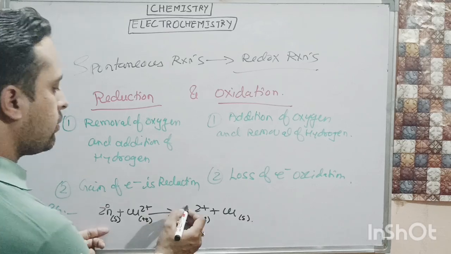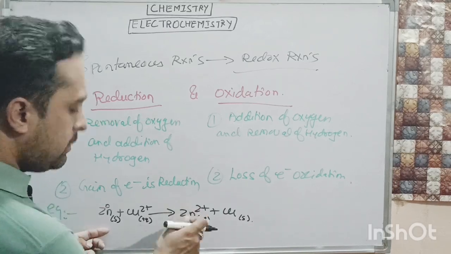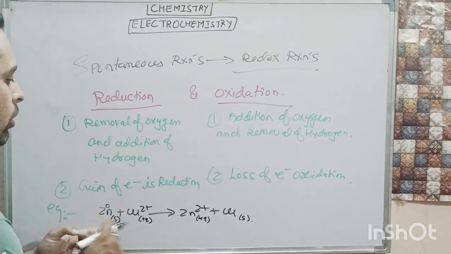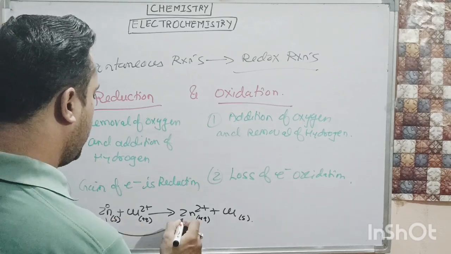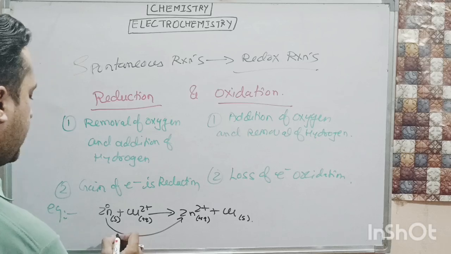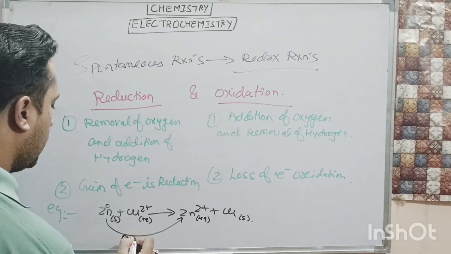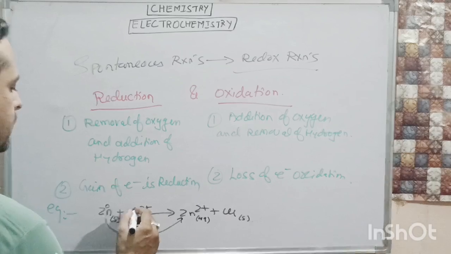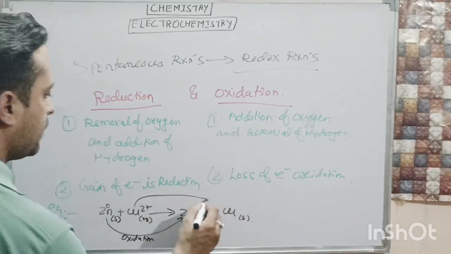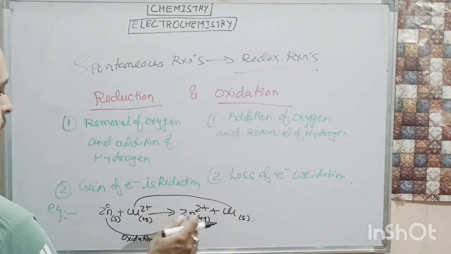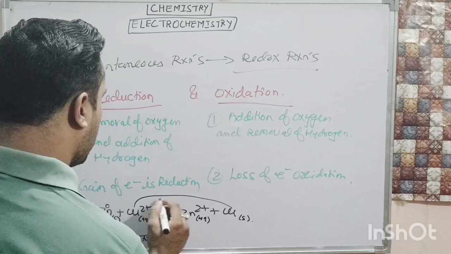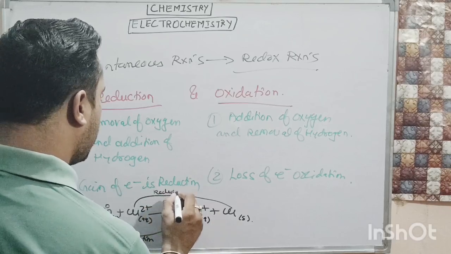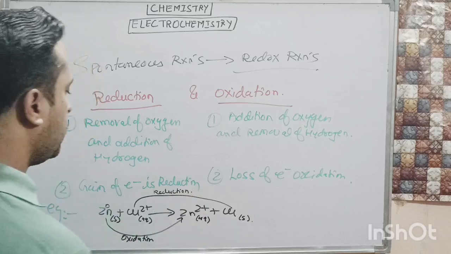It is losing 2 electrons and becoming 2 plus, which means loss of electrons. When electrons are lost, it is oxidation. Similarly, copper 2 plus requires 2 electrons, and it gets them from zinc. So it is regarded as reduction.